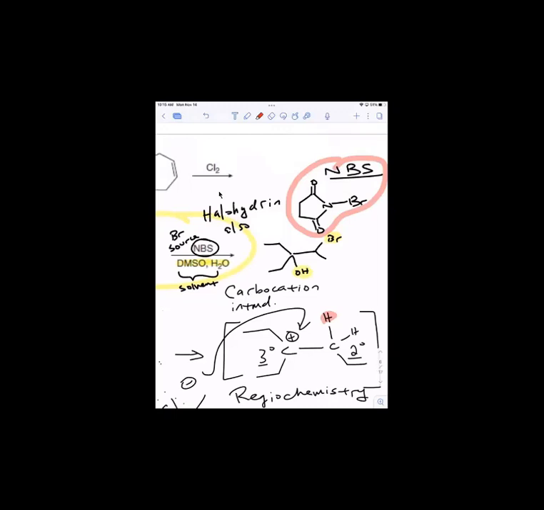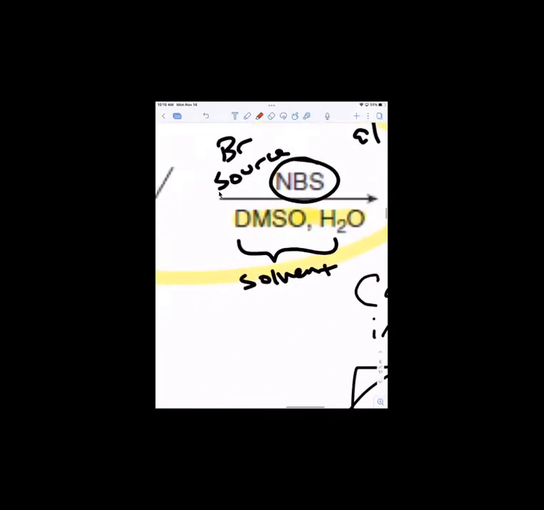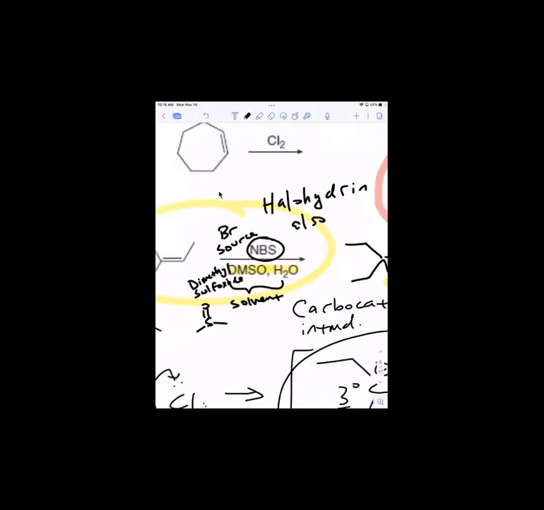Both. So DMSO is also a solvent, and DMSO is dimethyl sulfoxide. It looks like this. It's a very polar solvent, so it's really for polar reactions.